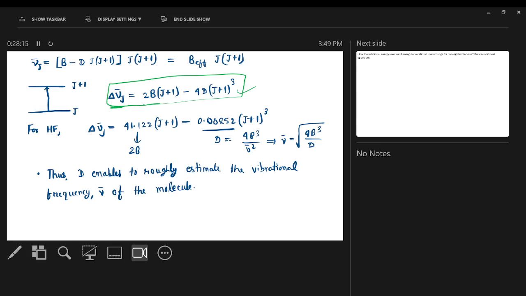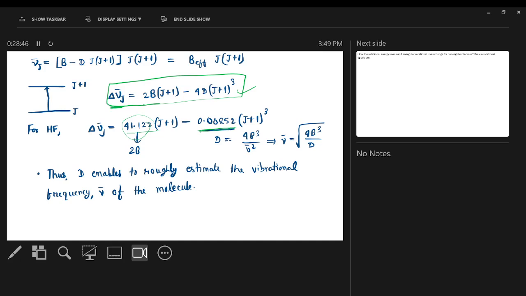And for HF molecule, we got something like this. This is nothing but your 2B if you compare with this equation, and this is nothing but your D. So if we know D and if we know B, we can calculate the vibrational frequency of the bond because of rotation.